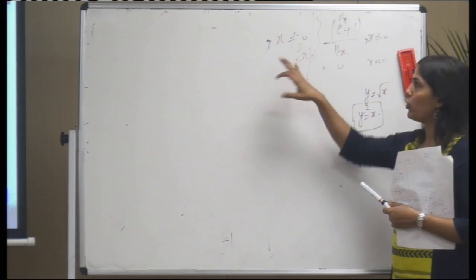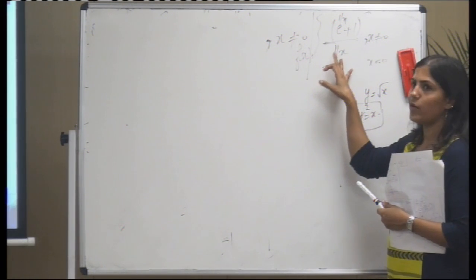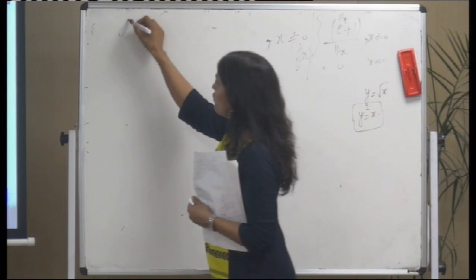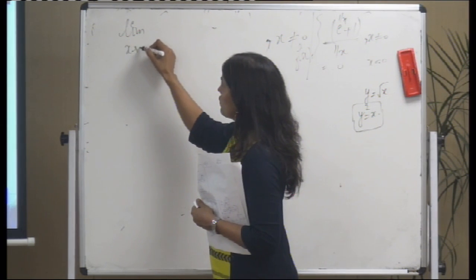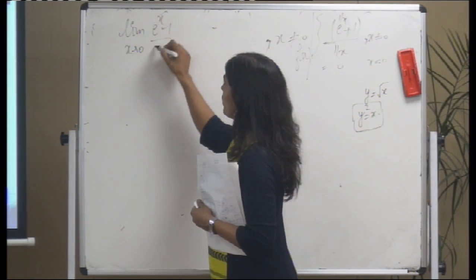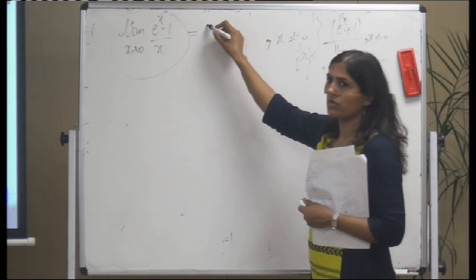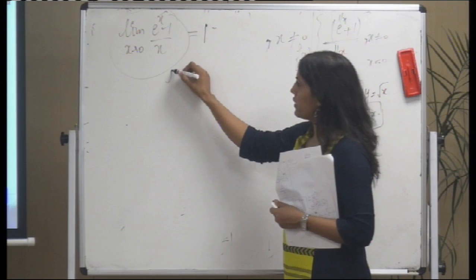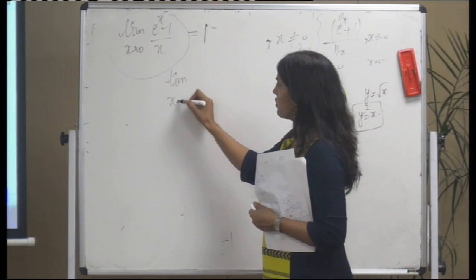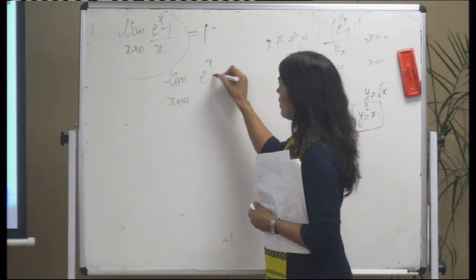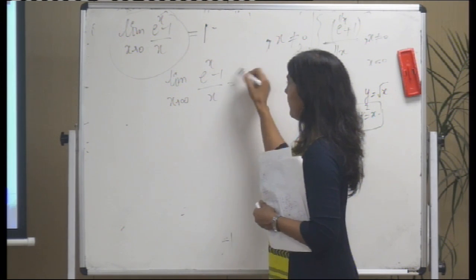So what value are you getting for this? Now you answer this. You have one formula now. Limit extending to 0, e to the power x minus 1 upon x. How much is this? If I make it infinity, how much will this be?